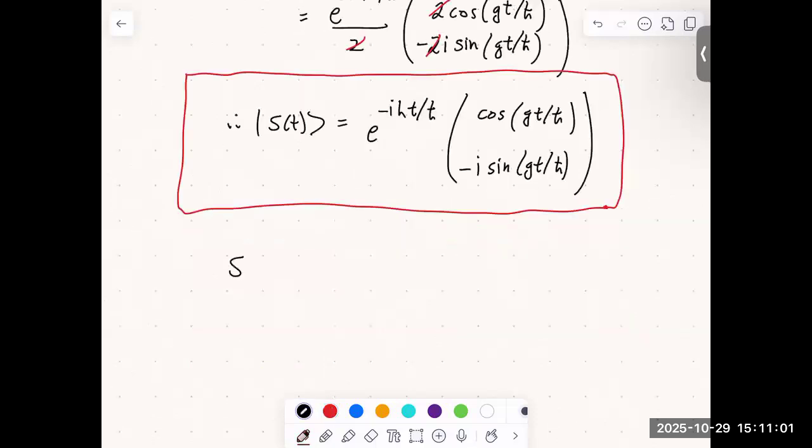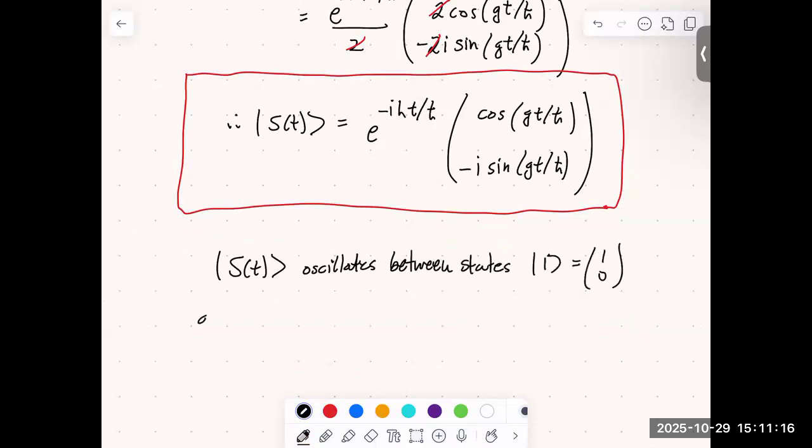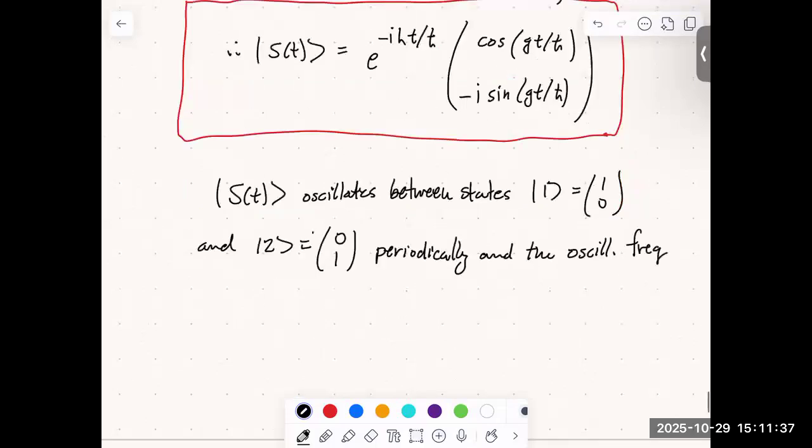So S of t oscillates between states 1 and 2, state 2 being 0, 1, periodically, and the oscillation frequency is given by omega equals g over h bar.